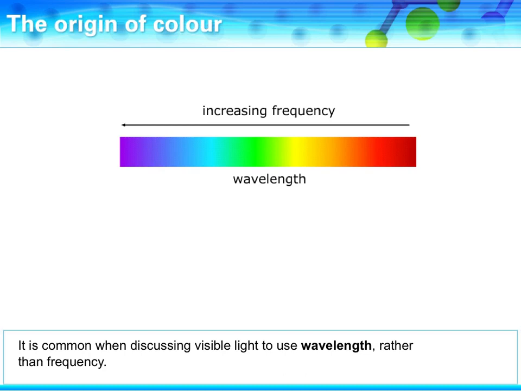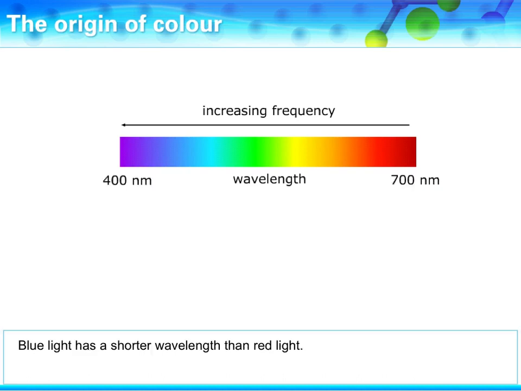It's more common when we're discussing visible light to talk about the wavelength. If we look at this graph, the frequency increases towards the violet, but the wavelength actually increases towards the red. So red light has longer wavelengths than violet light.